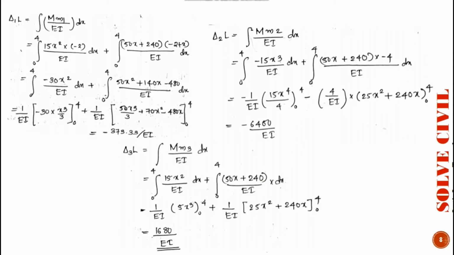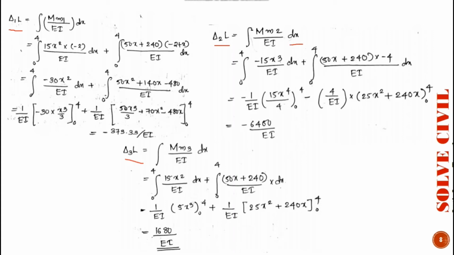Now we have to find the values for capital delta 1L, delta 2L and delta 3L. Delta 1L, we know as unit load method, will be equal to integral capital M m1 by EI dx. For capital delta 2L, it will be equal to integral capital M m2 by EI dx.